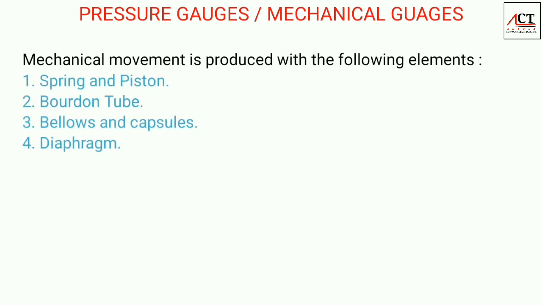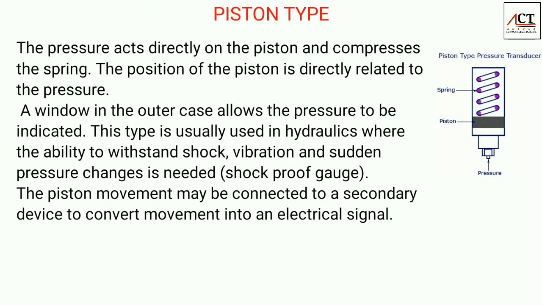The mechanical movement is produced with the following elements. First, spring and piston. Second, Bourdon tube. Third, bellows and capsules. And fourth, diaphragm. Next is piston type. It is a shockproof gauge. They are mostly used in hydraulics where it has the ability to withstand shock and vibrations and sudden pressure changes.